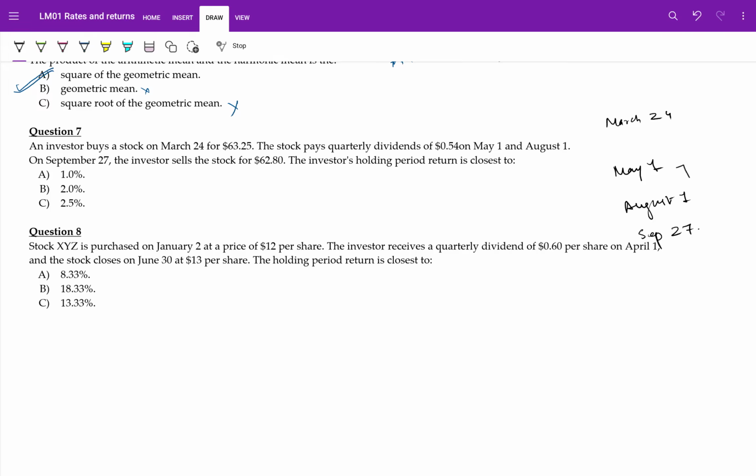So this is 3 months. And this is where he got his first dividend, and here he got his second dividend. Dividend one and dividend two. So the investor sold it for 62.80.